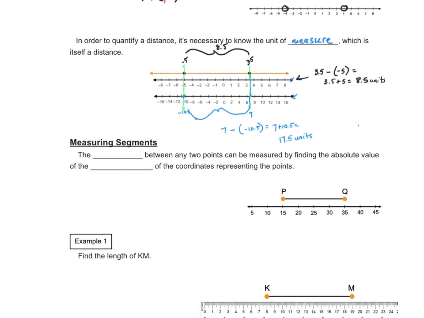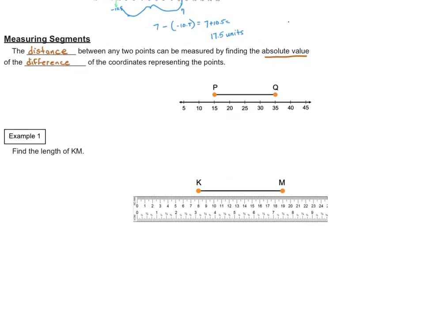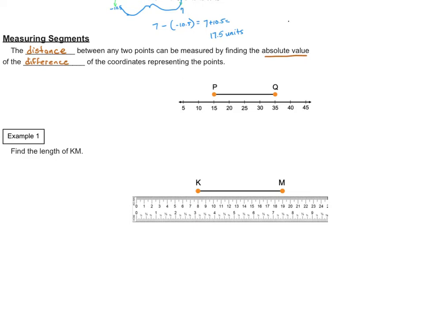So as they tell us again here, measuring segments, the distance between any 2 points can be measured by finding the absolute value of the difference of the coordinates representing the points. So the absolute value is why it's always going to be a positive number. If we look here between points Q and P, we have 35 and 15.